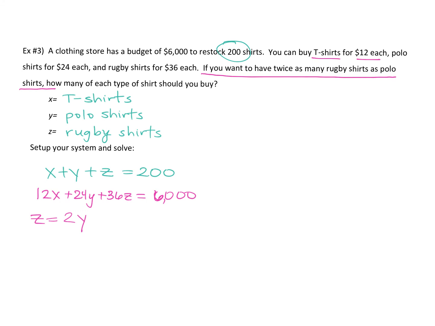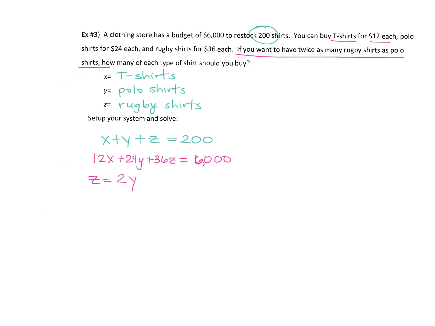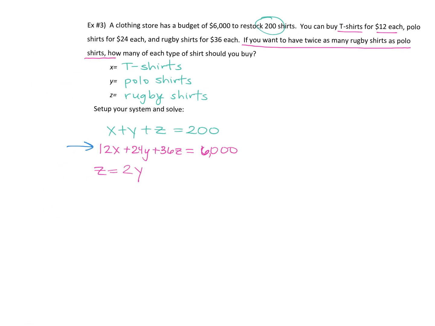The first thing I would do right here is simplify one of our equations, because one of our equations is not awesome. Which one? The middle, the big numbers, right? All of this is divisible by 12. So I would just right off the bat divide by 12. So step 1, divide by 12.